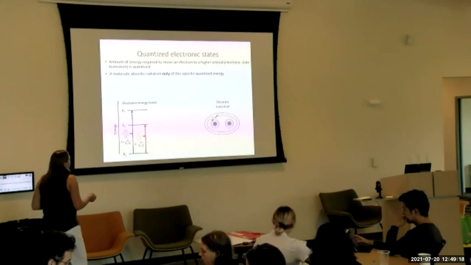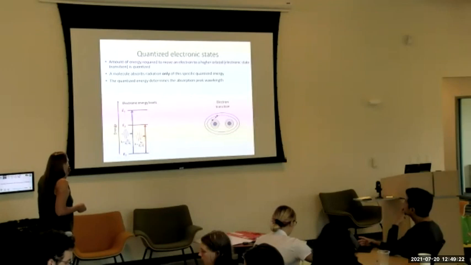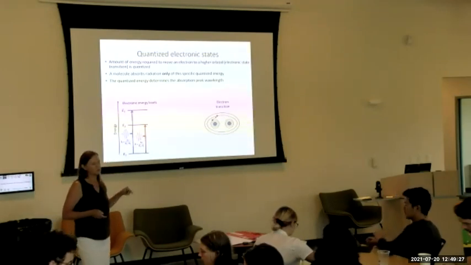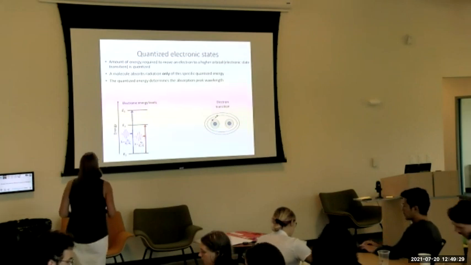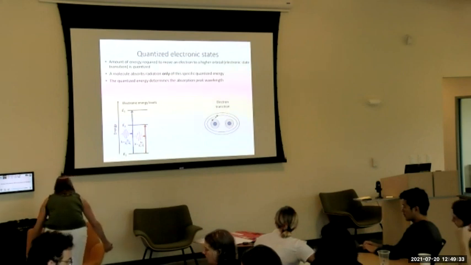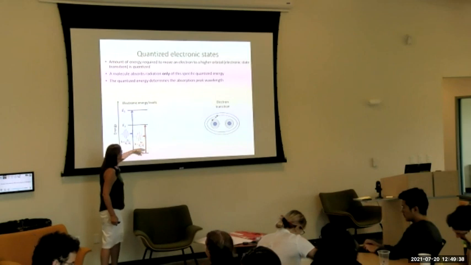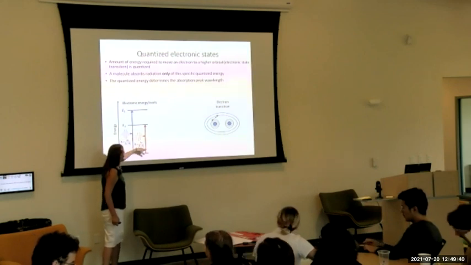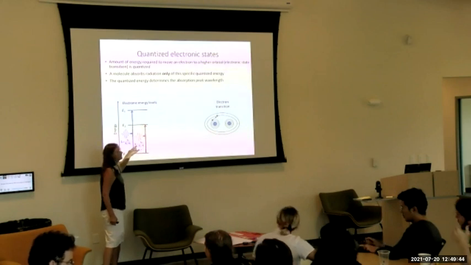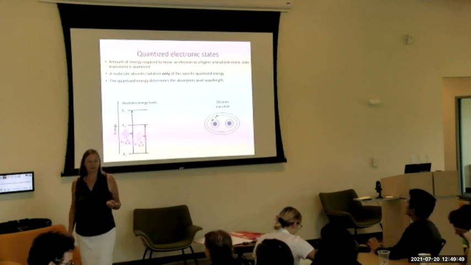So, for example, this is what determines where your absorption peak wavelengths are. There's a certain amount of energy here. By knowing how much energy that is, we can figure out what the wavelength is. Right? We can just do that calculation.